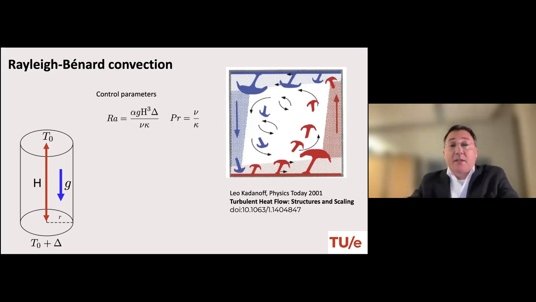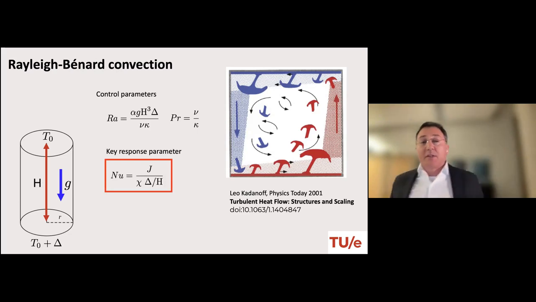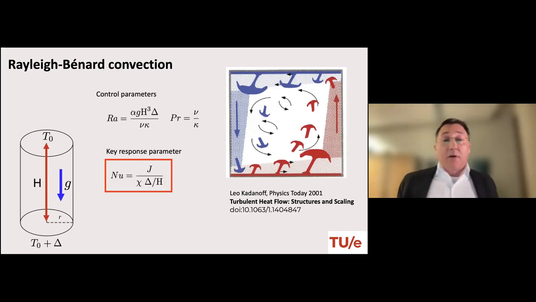The control parameter is the Rayleigh number, which is indicated here, and it concerns buoyancy and the cube of the height of the system, temperature difference, and another control parameter is the Prandtl number, which is the kinematic viscosity divided by thermal diffusivity. Now, an important parameter, but it is an output of this physical system, is the heat flux. So how much heat goes through the system.